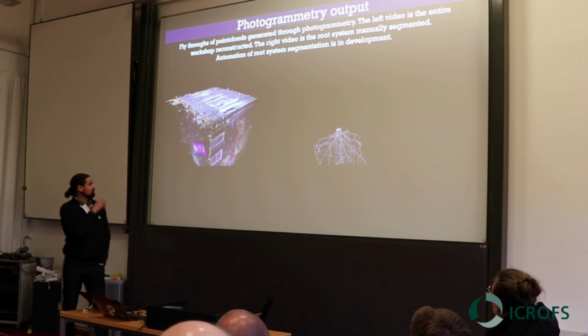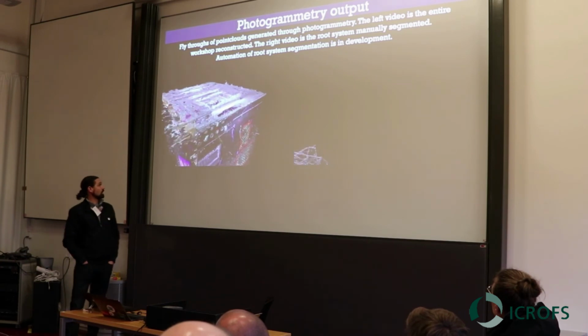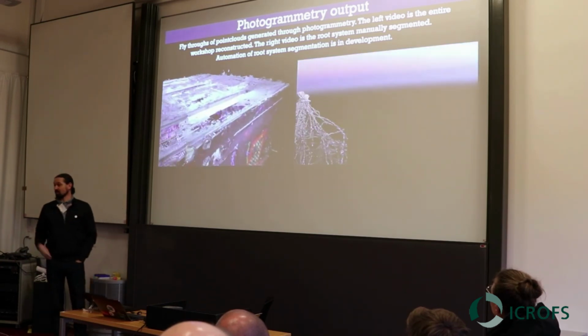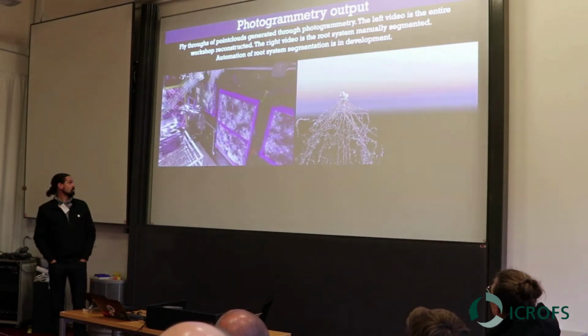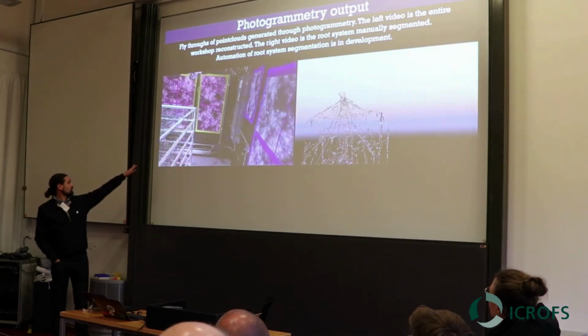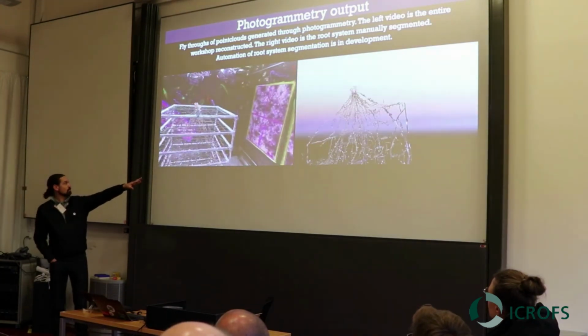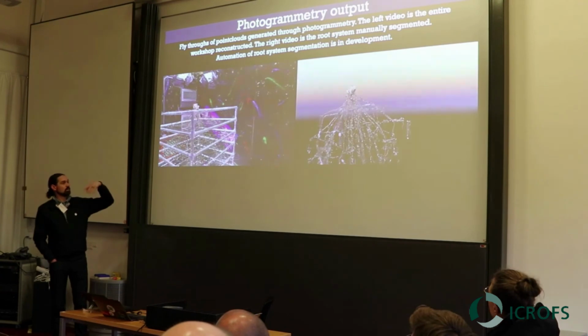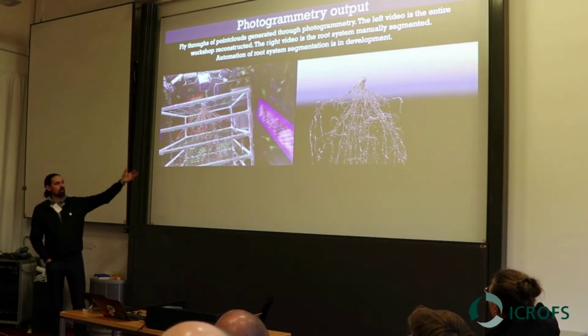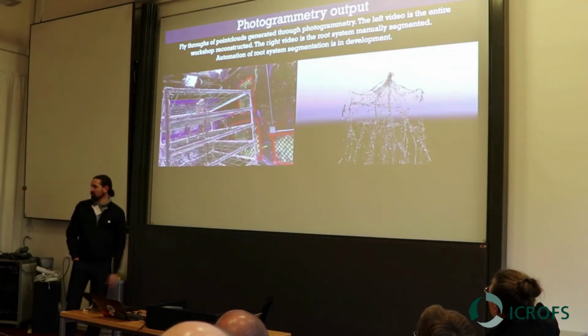It looks a little psychedelic, but we had to use a lot of random patterns and things to help get the model. This is what our studio looks like. This is what a post-processed root system would look like once we remove the room, the scaffold, the fishing line, etc. And we're continually building on this.